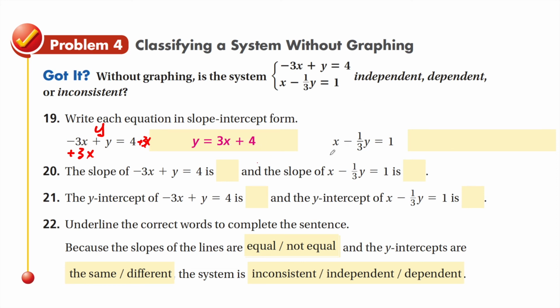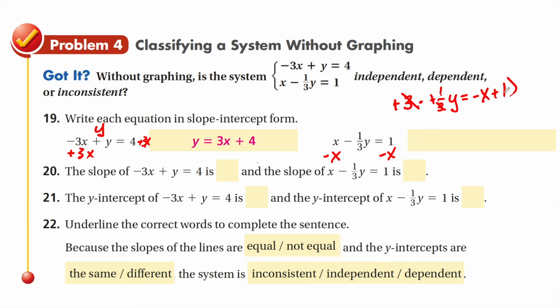So the first step I'm going to do is subtract x from both sides, and you're going to get negative 1/3 y is equal to negative x plus 1. Well, I need to move that negative 1/3 over, so I'm going to multiply by its reciprocal, which is a 3, but since this is negative, I'm also going to multiply it by a negative 3, so that the 3 cancels out the 3 on the bottom, the negative cancels out the negative, and I'm left with just a y value.